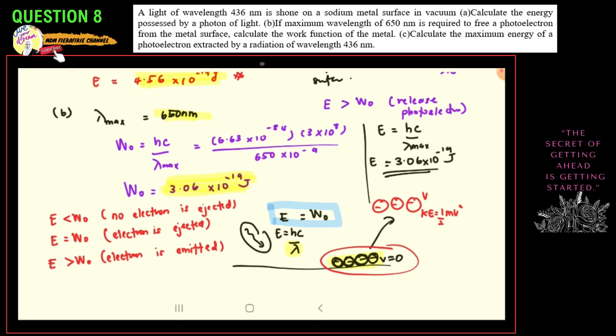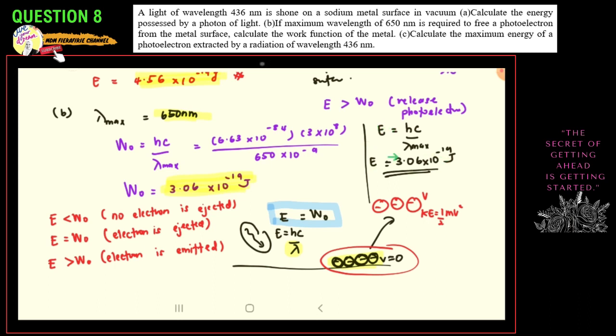So untuk soalan ni kena faham lah. Tengok kat sini kenapa kita kira work function dan lambda ini kita guna lambda maximum tadi of the light, the maximum wavelength of the light, because kalau lambda yang bawah ini lagi besar daripada 650 nanometer, E ini akan jadi lagi kecil.